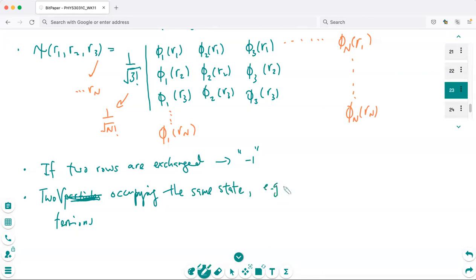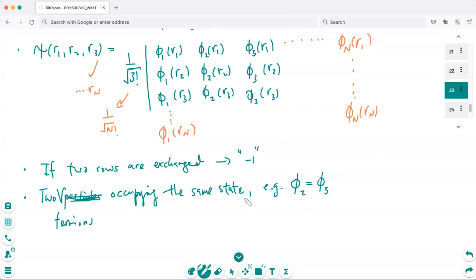For example, I will let one particle and two, I want these two to occupy the same state. So this is what I demand. And once I do that, I will have two identical columns. Right, so if I have 2 and 3 become the same, let's say 5, 3, then these are two identical columns.